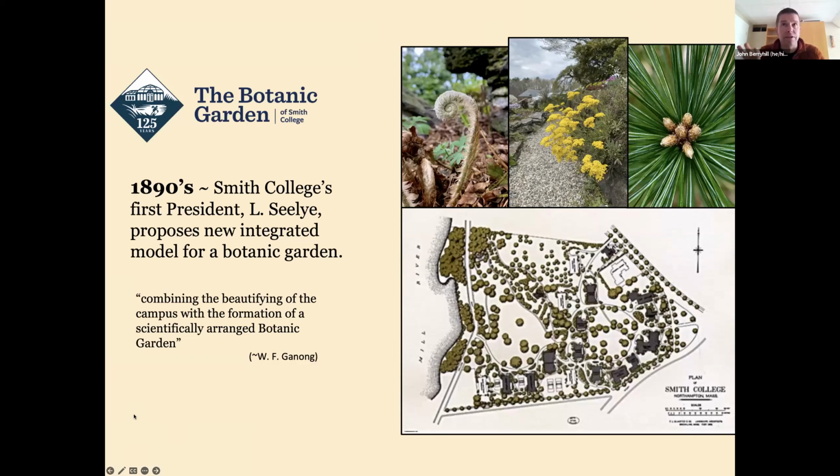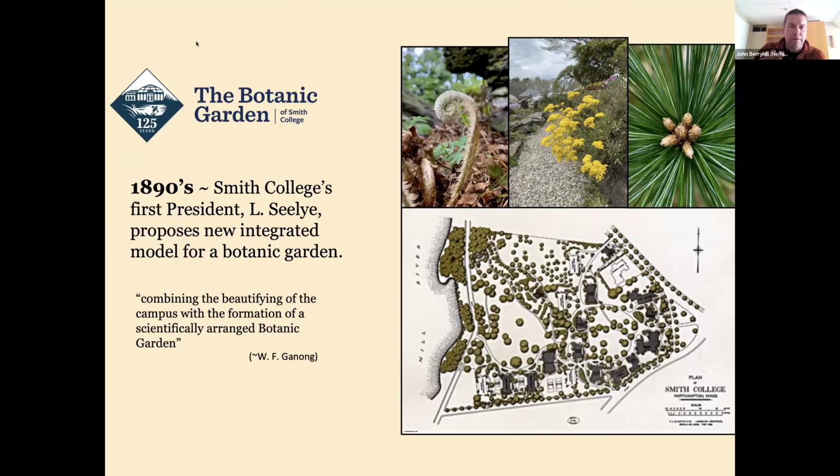And despite the fact that the history of botanic gardens goes back to when they got their start at colleges and universities a couple hundred years prior, President Seeley had this new idea to populate the entirety of the planted campus landscape with a scientifically curated teaching collection.